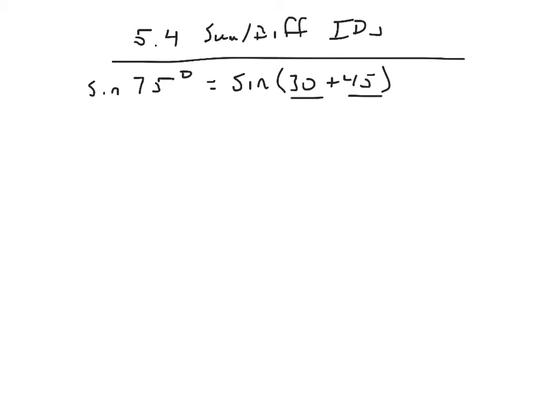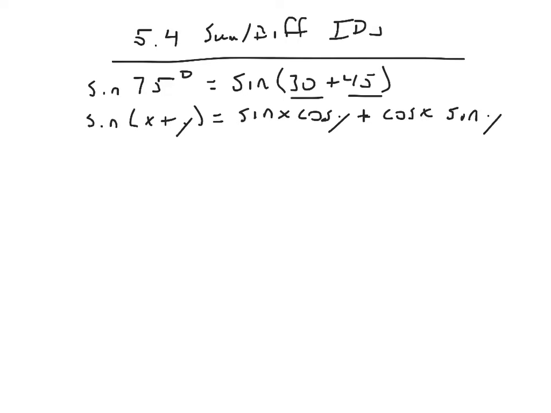I can see that the sine of x plus y is equal to the sine of x times the cosine of y plus the cosine of x times the sine of y.